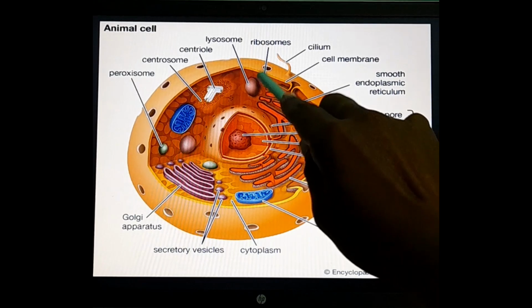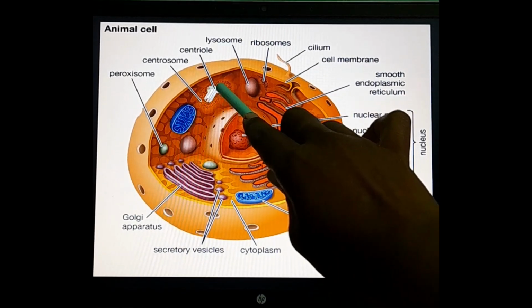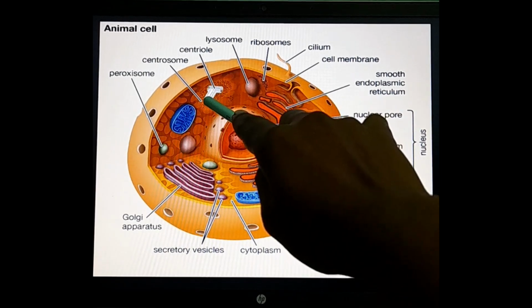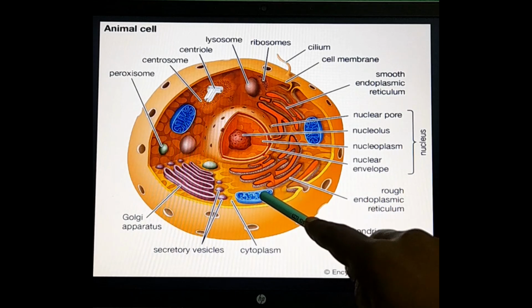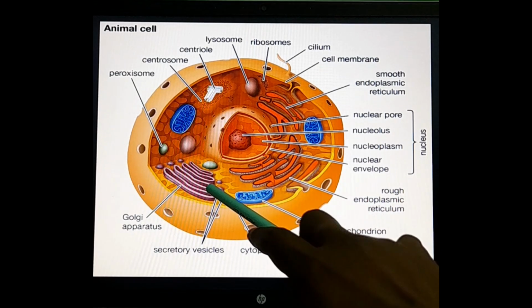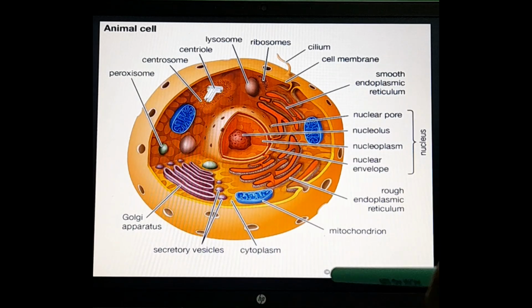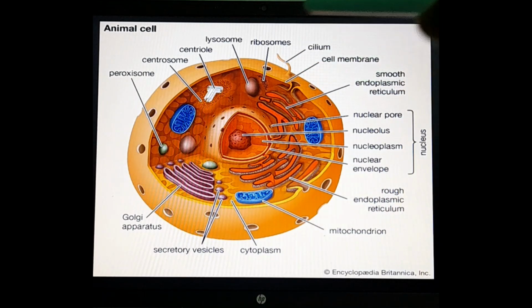This dot-like structure is the ribosome. This is the most important organelle during cell division, the centriole and the centrosome. This is the mitochondria, Golgi apparatus, peroxisomes. This is the overall structure of the animal cell.